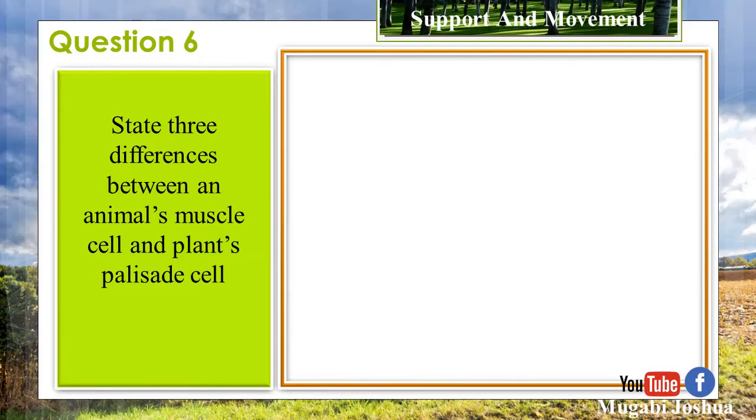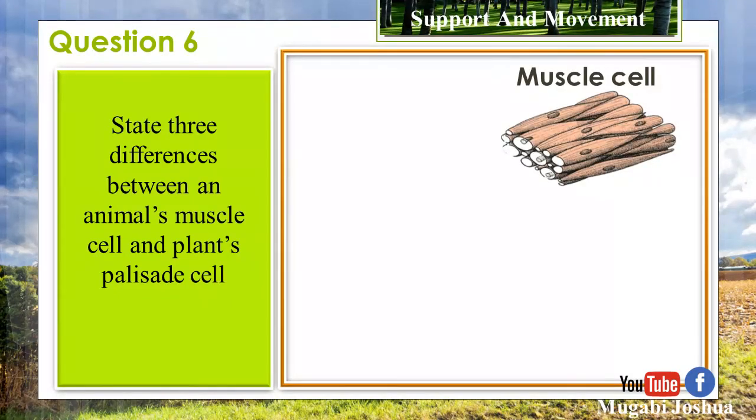Question 6. State 3 differences between an animal's muscle cell and a plant's palisade cell. When you look at the muscle cell, it looks like small muscles which are attached to each other.